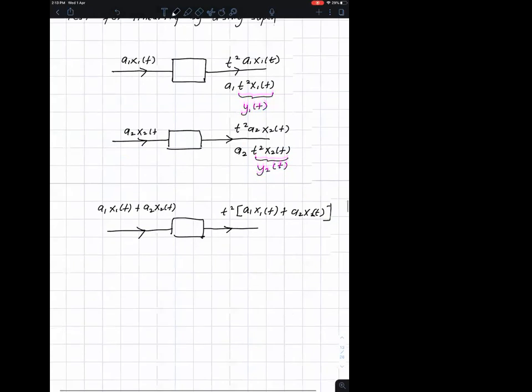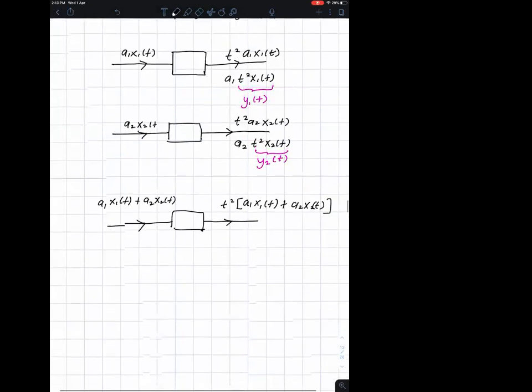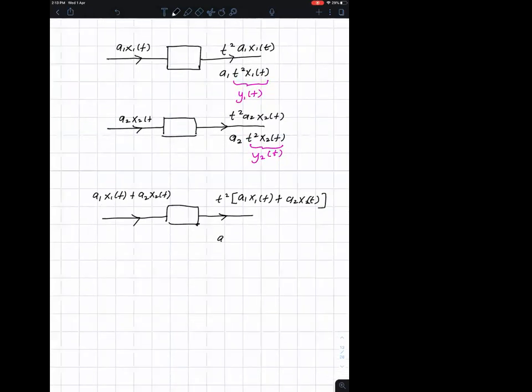Rearranging things, I can rewrite this as A1 t squared x1(t) plus A2 t squared x2(t). So we note this is your y1(t) and this is your y2(t).